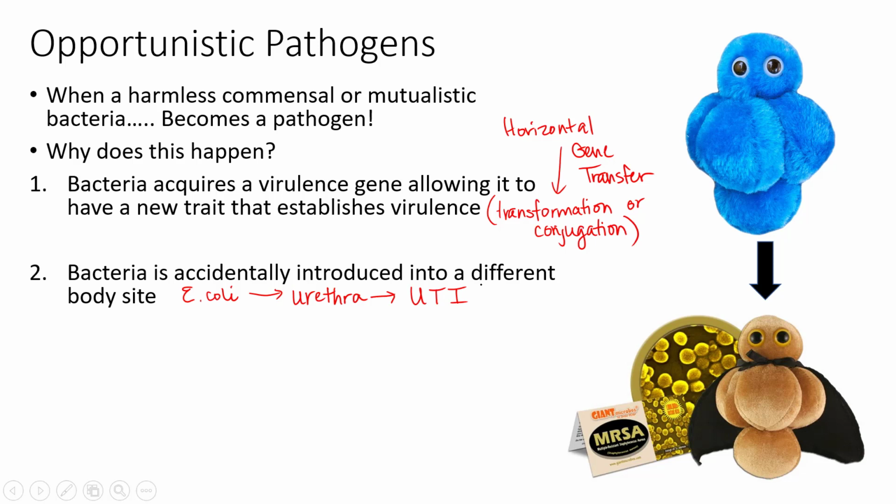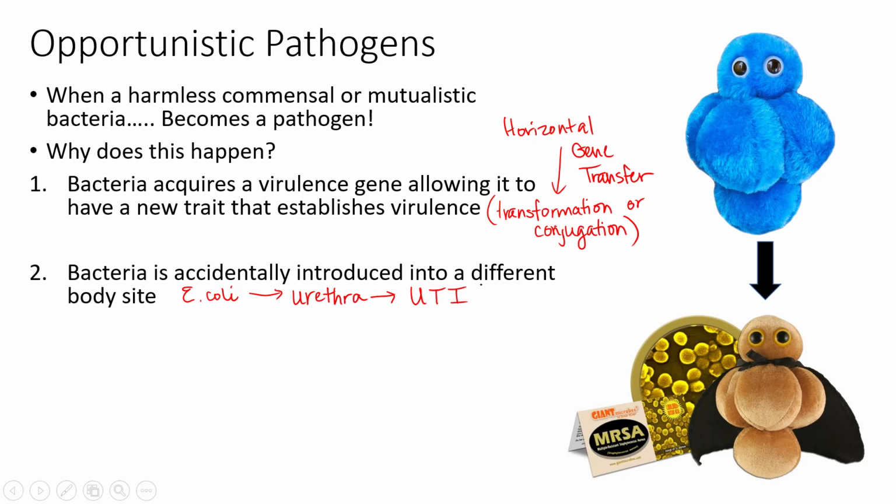And that's because this is a different body site. But now E. coli is a pathogen, isn't it? It's causing an infectious disease. When it's normally in the large intestine, we call it a good bacteria, quote unquote. But you put it in the wrong place, at the wrong time. Well, there you go. Now you're giving it an opportunity to establish disease in the host.